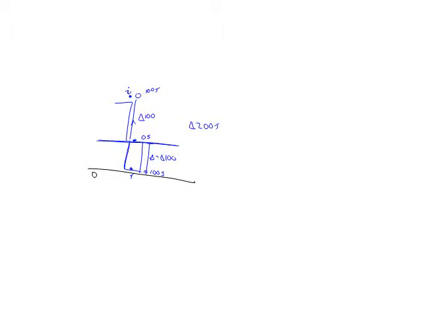So our work-kinetic energy theorem extended. We know that the change in energy, which is work, a transfer of energy, equals the change in kinetic energy, right? Kinetic final minus kinetic initial. Well, we can include potential energy into that as well.